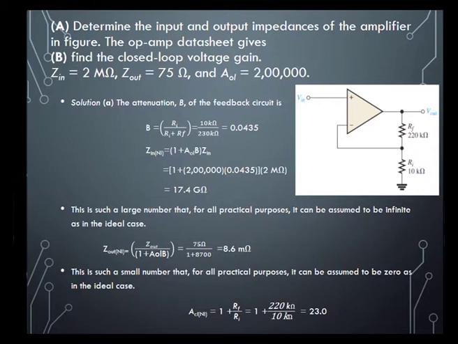The formula for input impedance is Z in is equal to 1 plus AOL B into Z in. We know all the values, so substituting we will get this, and similarly for the output impedance we know the formula Z out divided by 1 plus AOL into B. Substituting these values we will get the value for Z out.